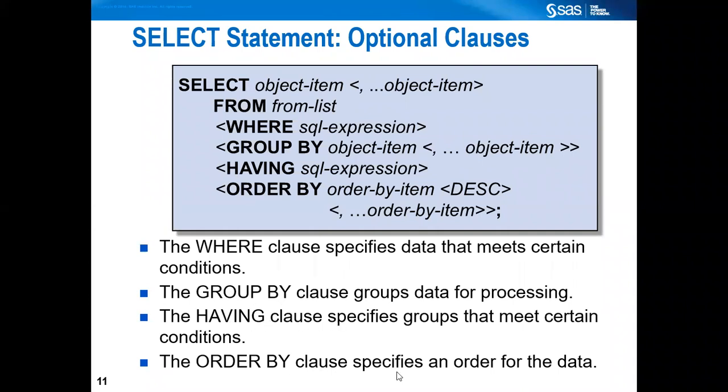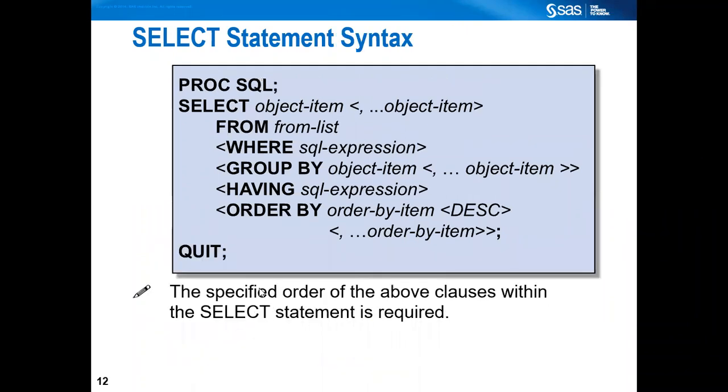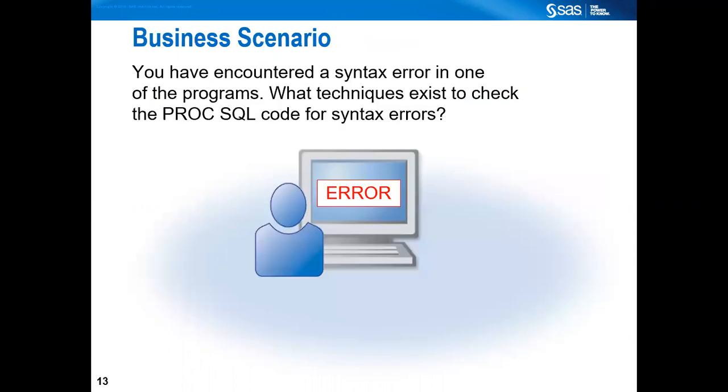And the order by clause arranges the rows in a specific order. All this we will see in detail in upcoming topics. The specified order of the above clauses within the select statement is required. It's very important.